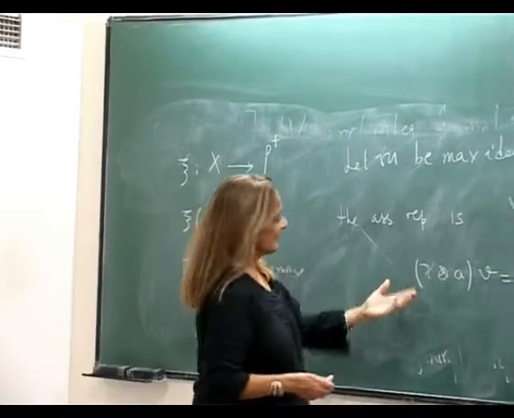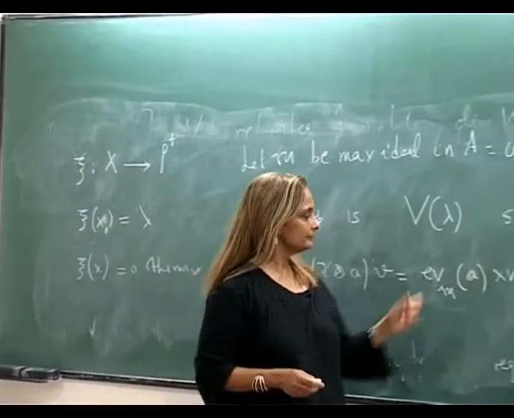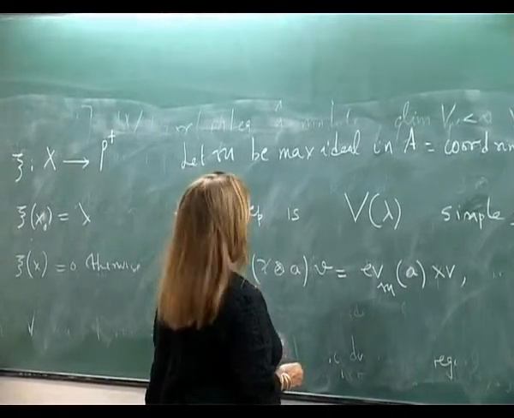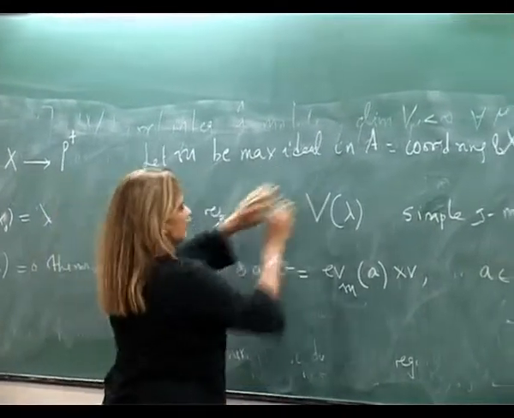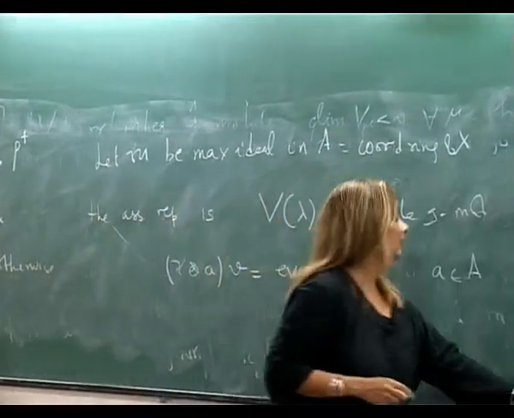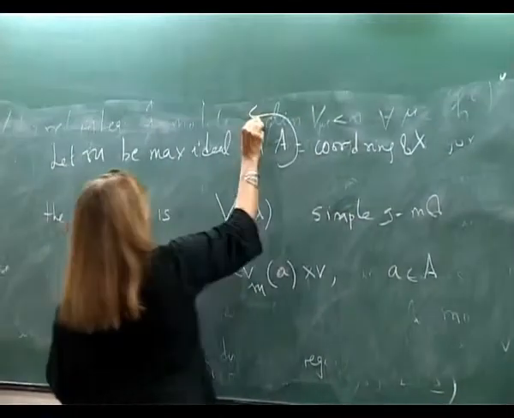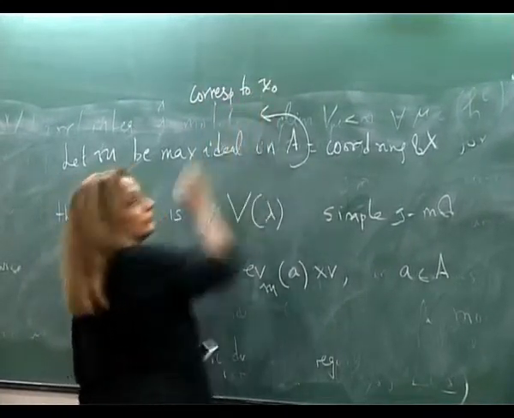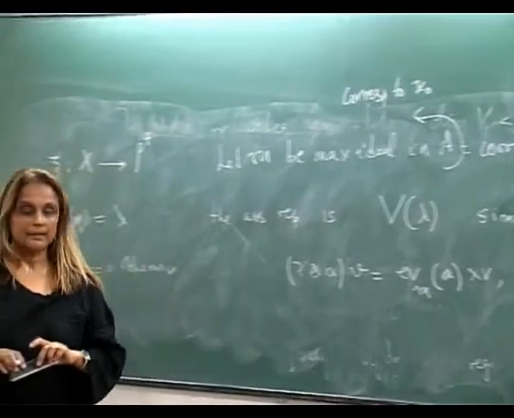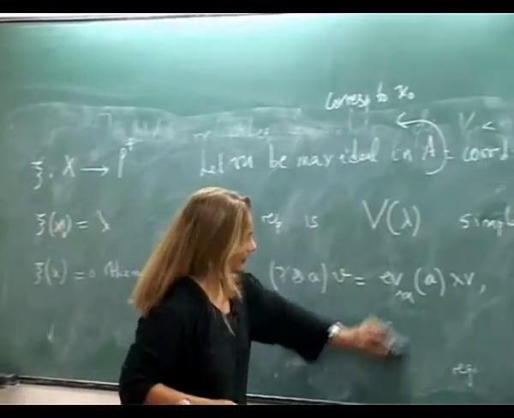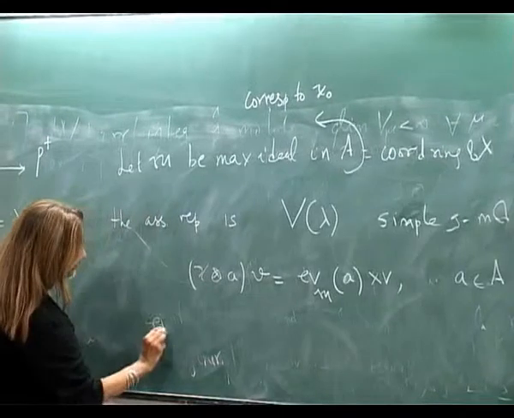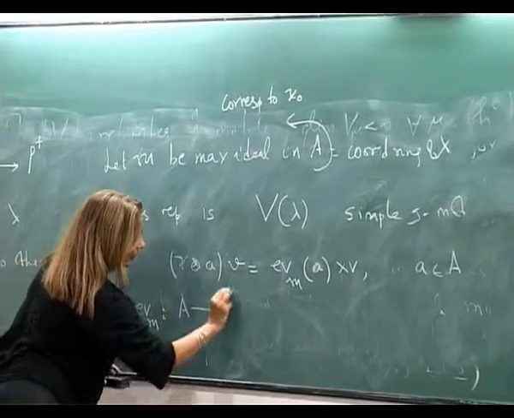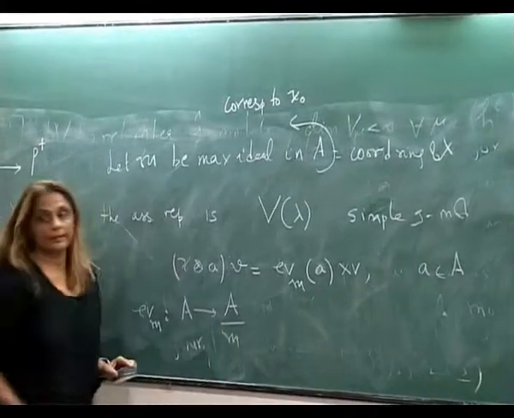So let's see. This is obvious. This is poorly written. So M is the maximal ideal in A corresponding to the point x naught. Okay. And what do I mean by f_M at a? I mean you take f_M, which takes a to a mod M. Yeah?